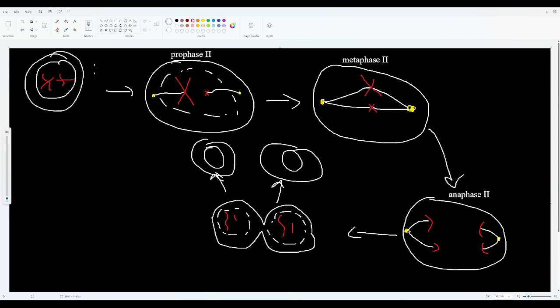But remember, we had another cell, didn't we? We did. So we're going to do this exact same process all over, just this time it's going to be for the paternal, the other cell. I'm not going to draw all of this out again, but I will say this.